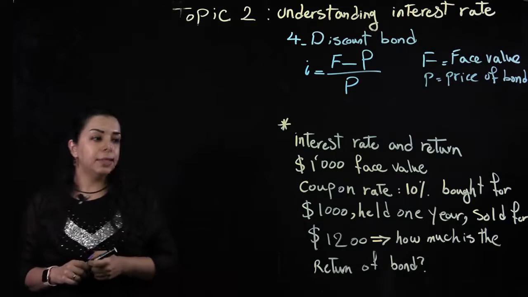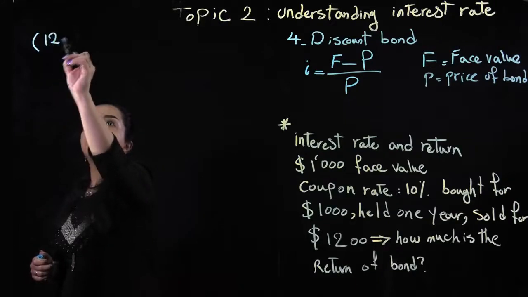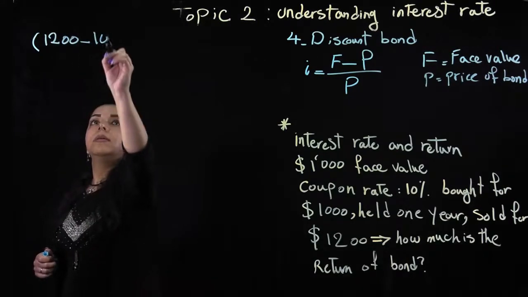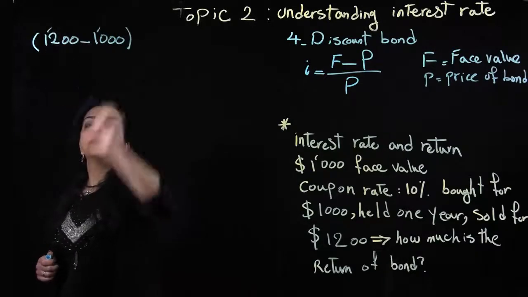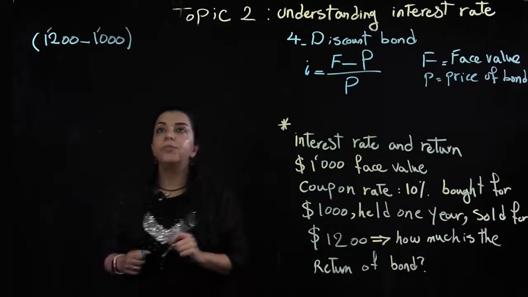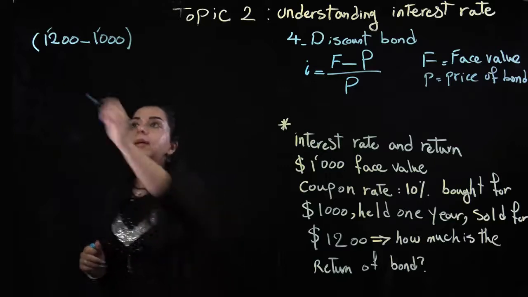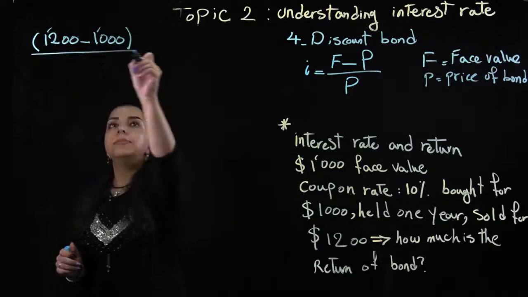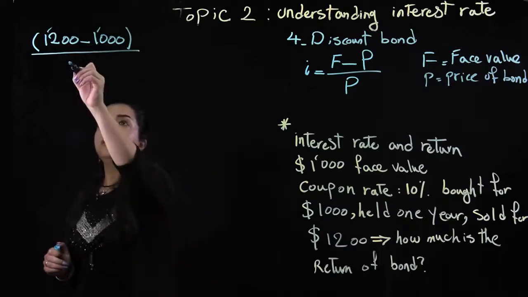So within just 1 year, the price difference of this bond has been 1,002 minus 1,000. If we want to know the rate of our gain, because this is the amount that we have gained, we have to divide this price difference by the initial value.